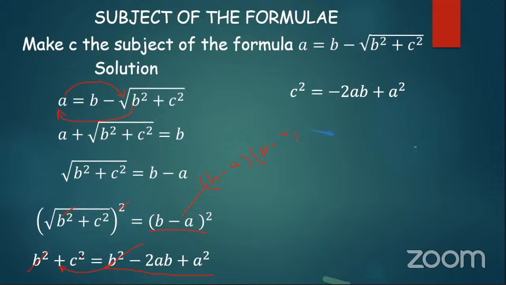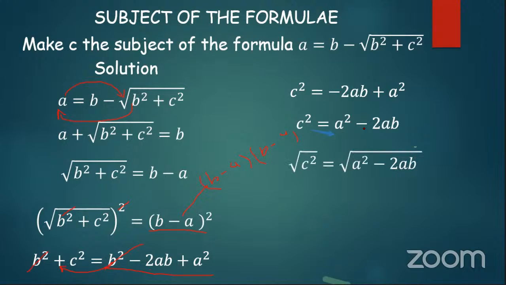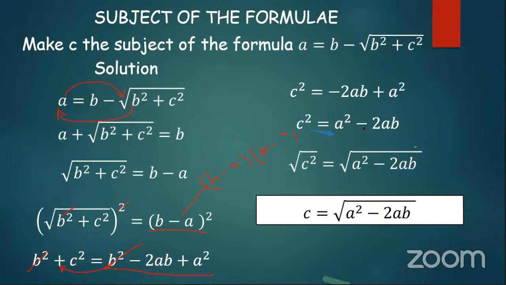So we remain with c squared equaling negative 2ab plus a squared, which is here. So when we rearrange and begin with the positive, we begin with a squared minus 2ab, and after that we find the square root, and c will be equal to root of a squared minus 2ab.